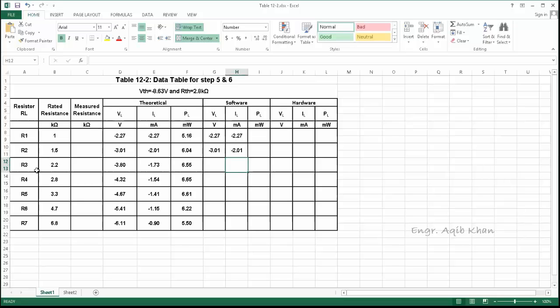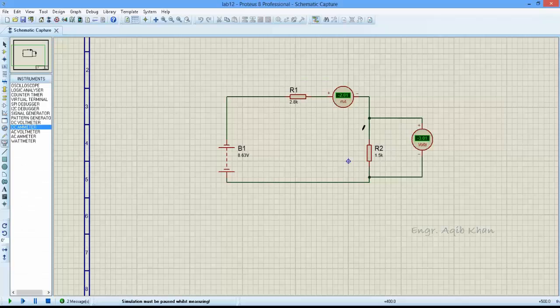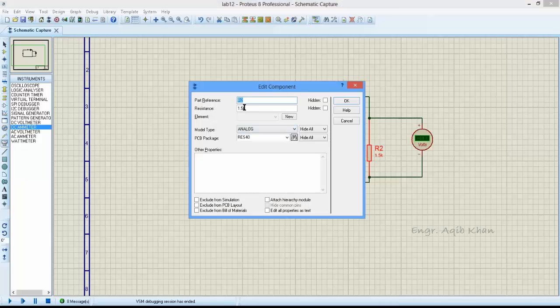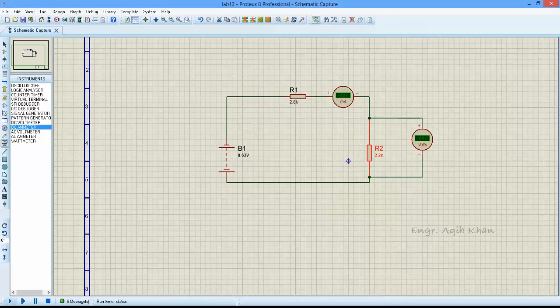Next value of RL is 2.2 kilo. Voltage is minus 3.8 and current is minus 1.73.